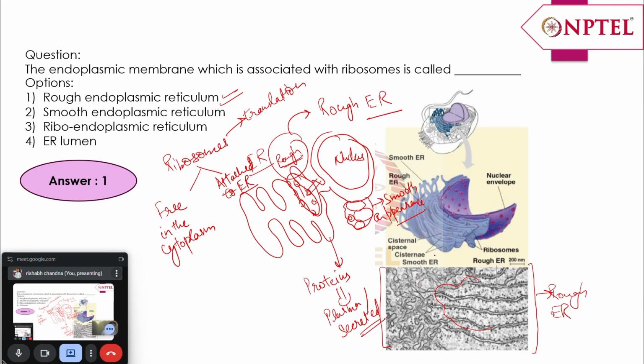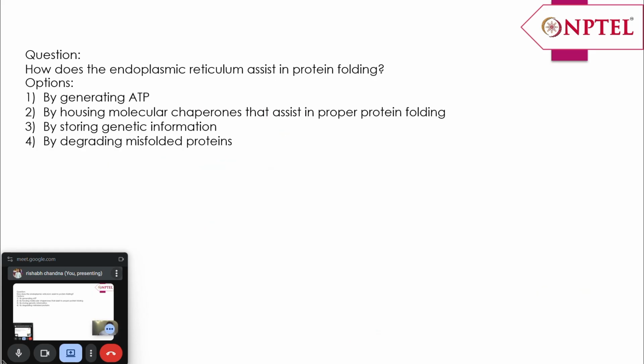So, any doubts in this particular question? If not, then we'll move on to the next question. How does the endoplasmic reticulum assist in protein folding? So, what can be the correct answer?